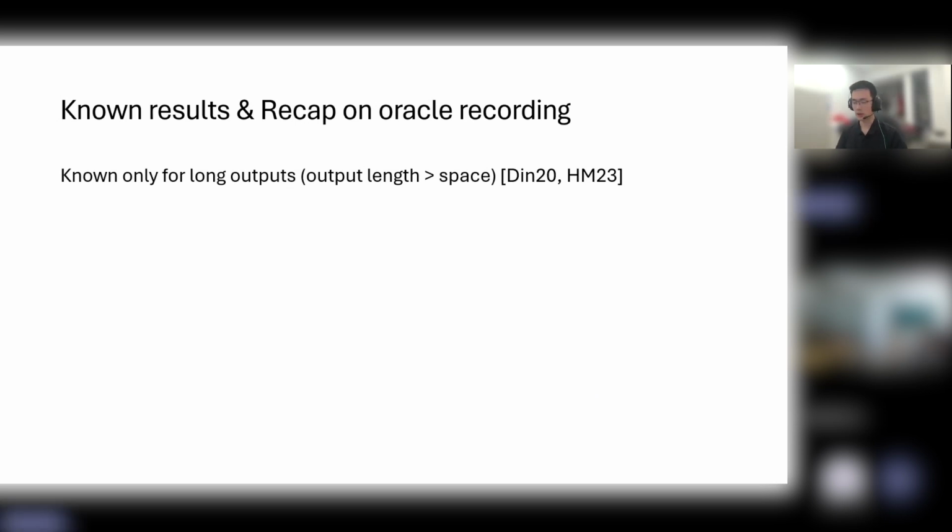Before we talk about our result, we want to show how long output results were previously proved. There are some very famous papers regarding this type of long output problem.